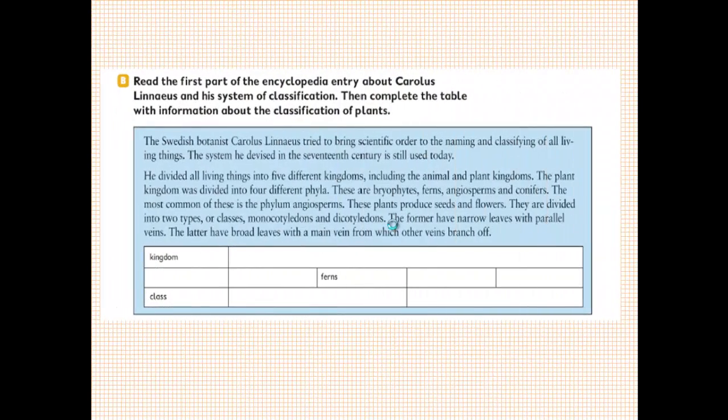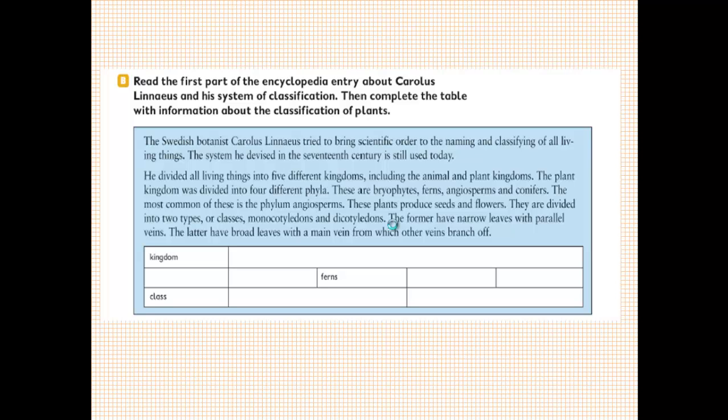Number B. Read the first part of the encyclopedia entry about Carlos Linnaeus and his system of classification. Then complete the table with information about the classification of plants. Now please my students listen carefully while I am reading.